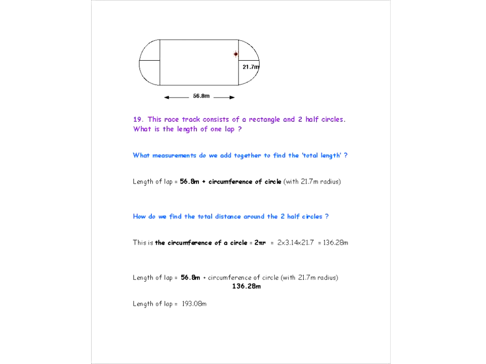I made a mistake here in the math because I only added one 56.8. Should be 2 of them, right? Because we have 2 sides there. The circumference of the circle, we know the radius is 21.7. So r is 21.7. We plug that into the formula 2 pi r. So 2 times 3.14, which is pi, times the radius, 21.7.